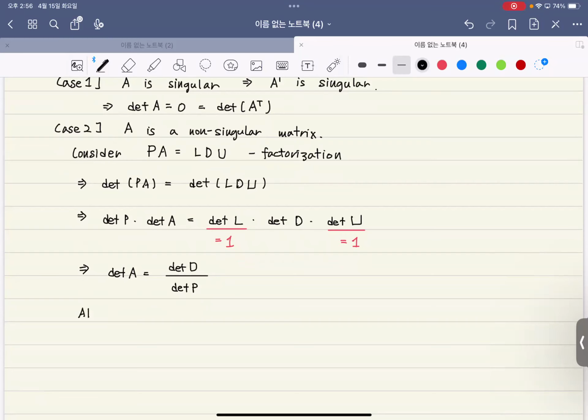You should be able to see that P times P transpose is the identity. Why is that? Well, P is the row exchange matrix. The columns of P are just a shuffle of the columns of the identity matrix.